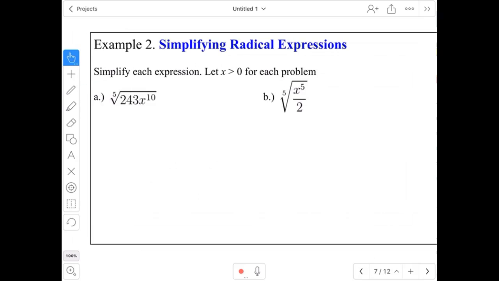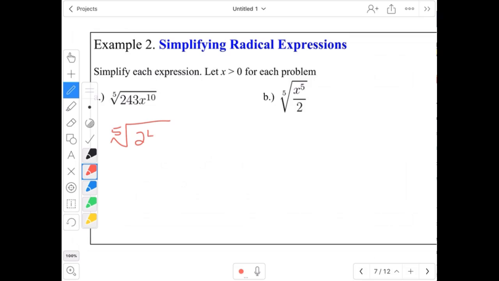So for this first one, it looks like we're going to be using that product property. So I want to split up my numbers with my variables, and then we can put them back together in the end if it seems fitting to do so. So this would be the same as the fifth root of 243 times the fifth root of x to the 10th.